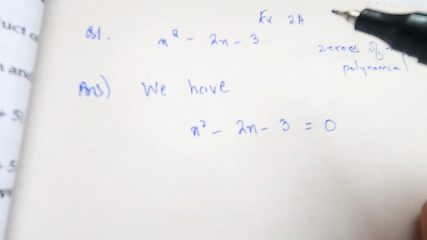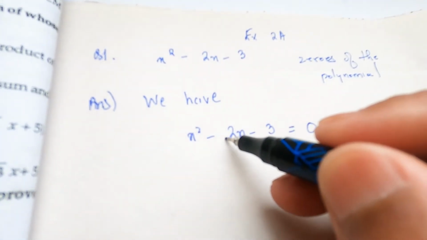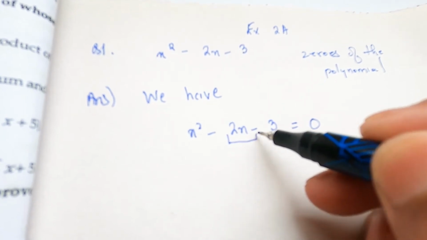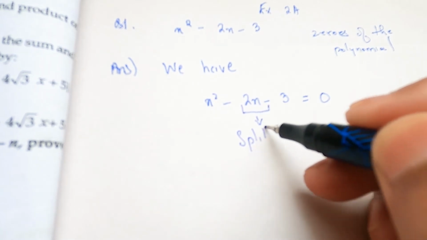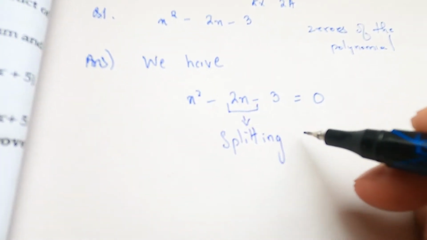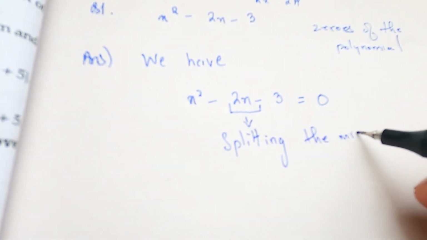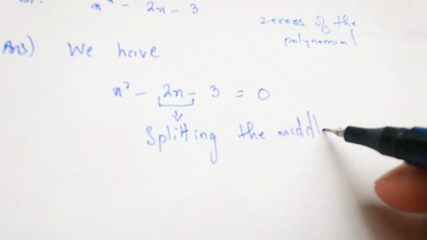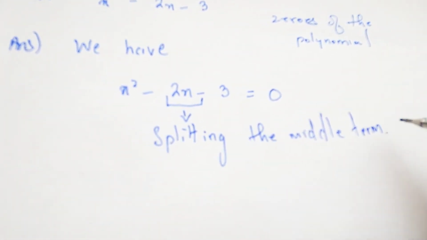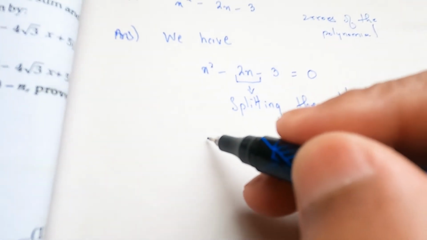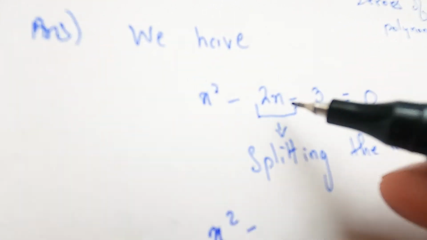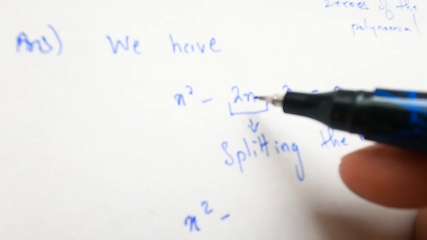Alright, now to find the value of x, what we will do is we have to use a method which is called splitting the middle term. Alright, which we have done in class 9. So I will explain to you how we will split the middle term.